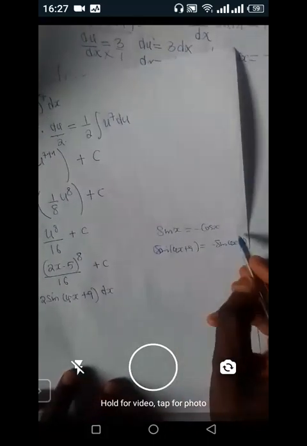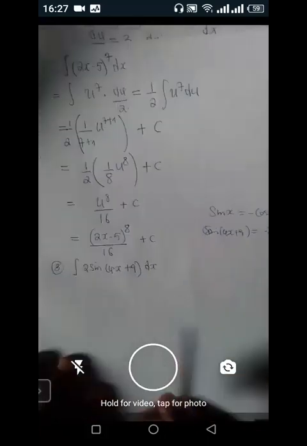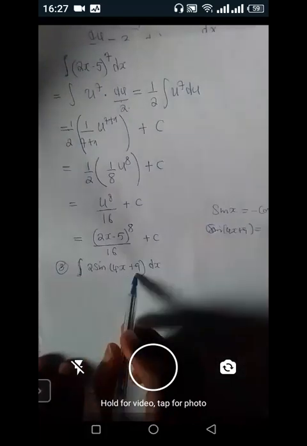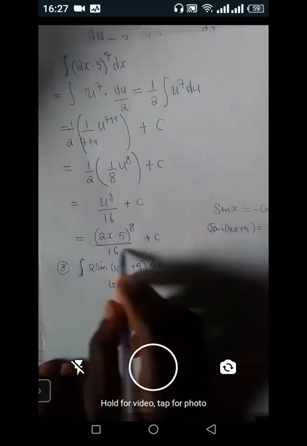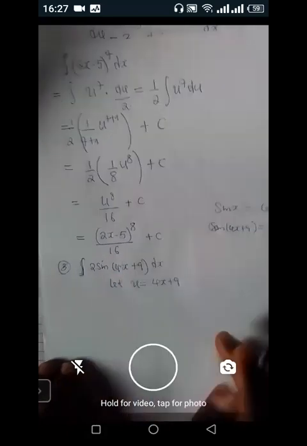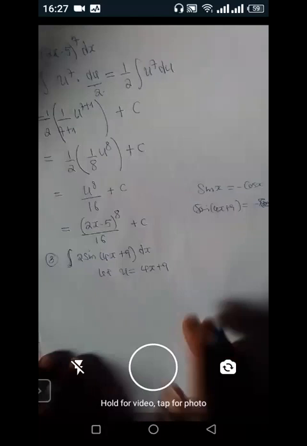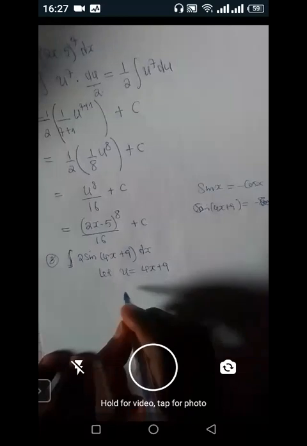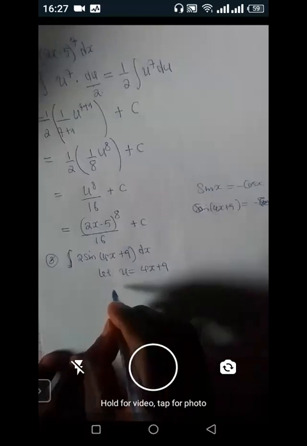No. So that is not correct. Here we need to do some substitution because this is not in standard form. So as usual, you let your u equal to what is inside, which is 4x plus 9. Then your du dx is equal to 4.